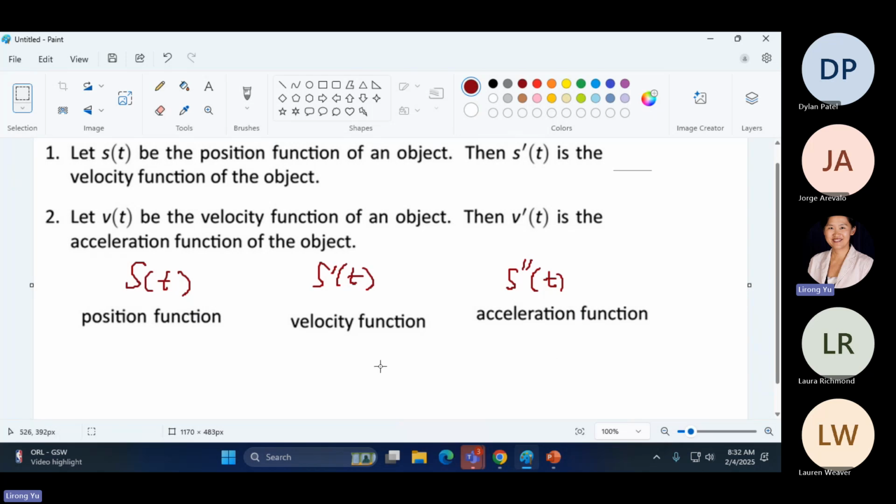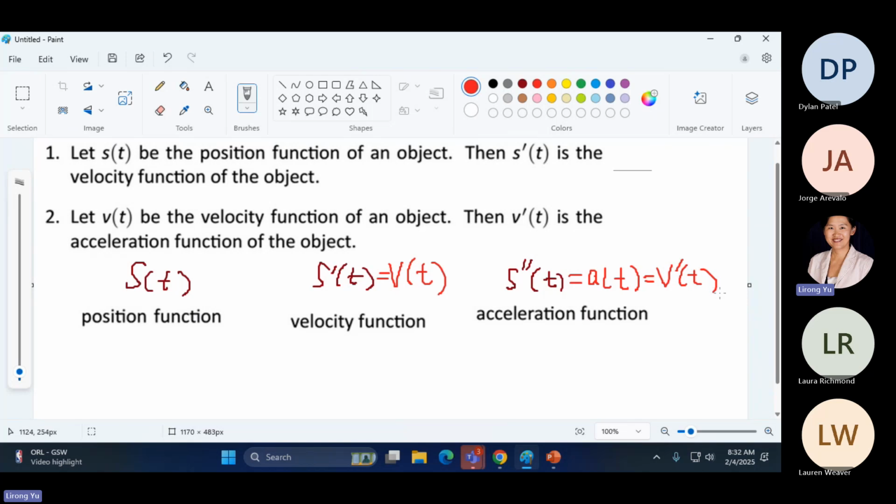The derivative of the position function we can name v of t, so these two are essentially the same thing. It's easier to write without the prime notation. And the second derivative we sometimes call the acceleration function, and simply write it as a of t. You should also know that it's the derivative of the velocity function.